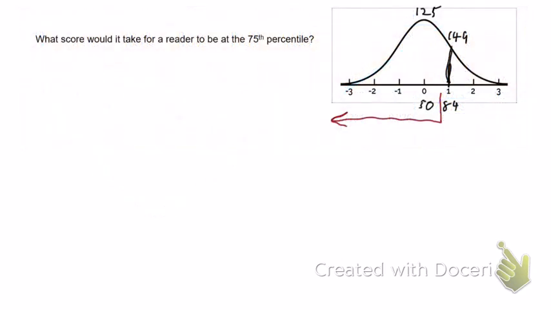So I'll put my z-score equals this unknown reading speed minus 125 divided by 24. So I multiply both sides by 24. I'm getting 16.08 over here equals x minus 125.